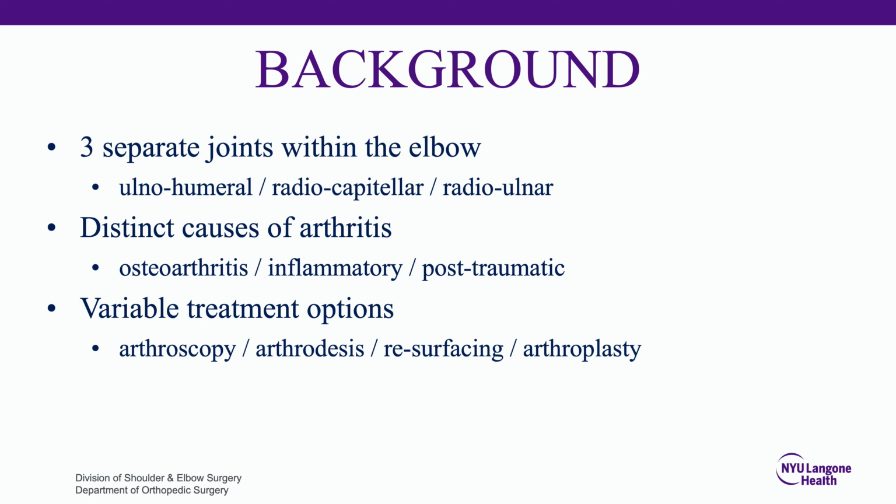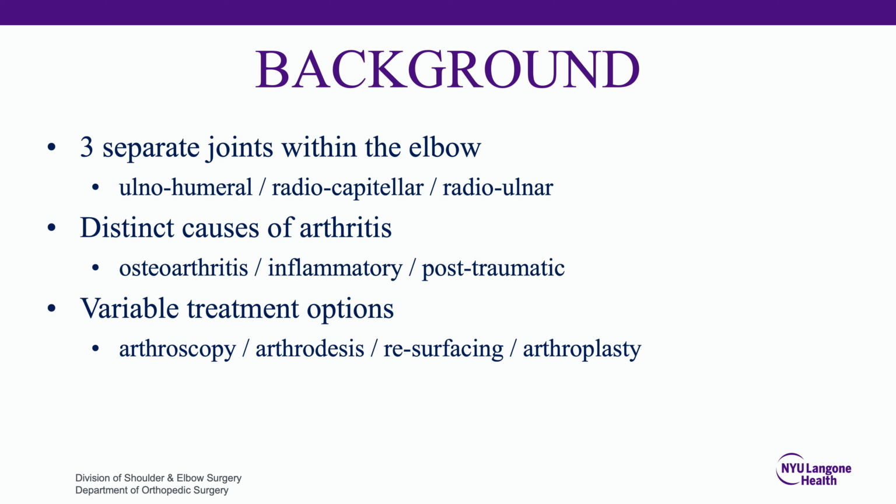Alright, so let's start actually talking about the elbow arthritis. As you know, the elbow actually contains three separate joints. It's not only the ulnohumeral or the radiocapitellar, there's also a radioulnar joint that you have to understand. And sometimes the questions will be specific to make sure that you understand that there is a third joint that has to be treated.